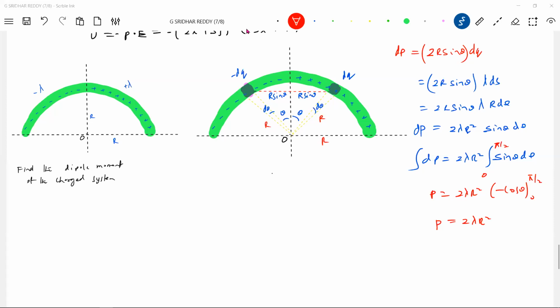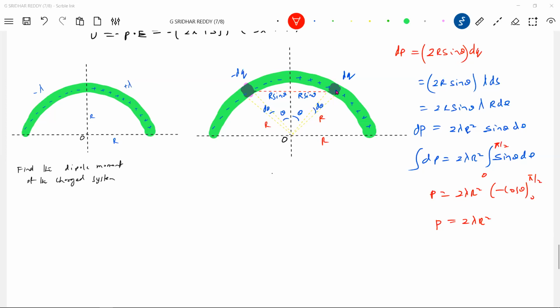Can it make a dipole moment first of all? Yes, it will make a dipole moment. You may get questions like this. Don't think that only point charges will make a dipole moment. Even the semicircular ring now has a dipole moment.